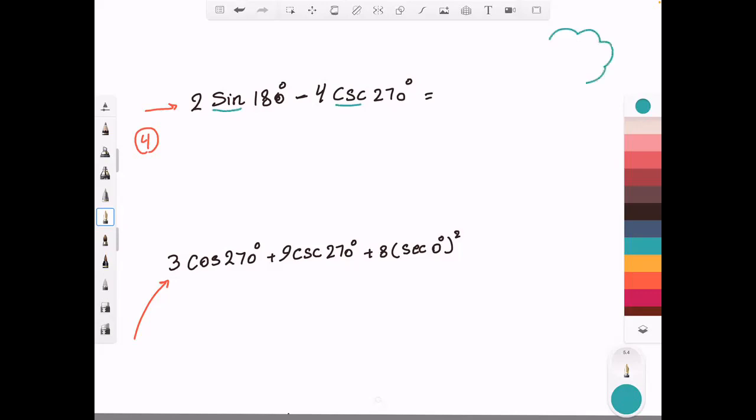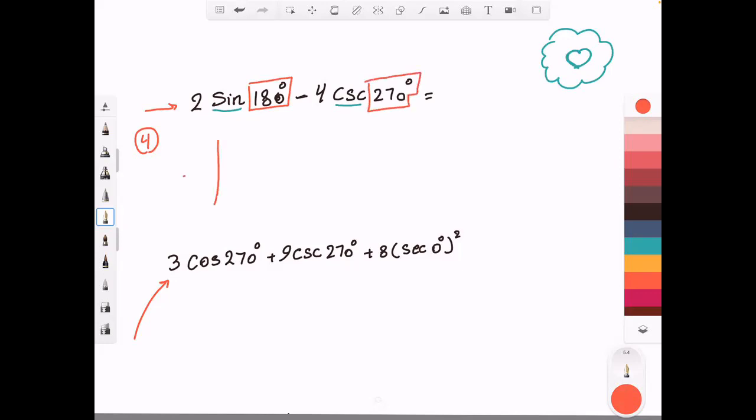In your note sheet, you have all 6 trigonometric functions. Also, we have a unit circle. The angles that sine and cosecant get are 180 and 270. Those are our favorite angles, correct?